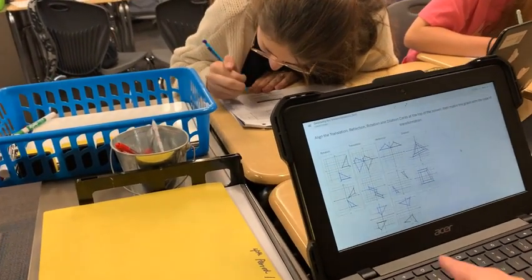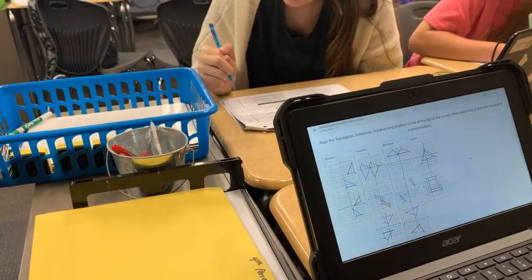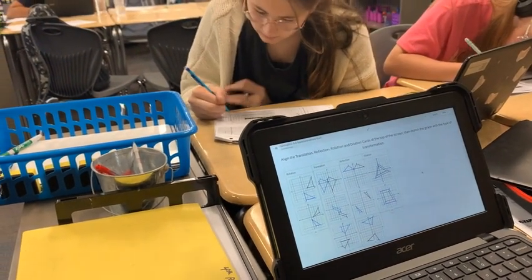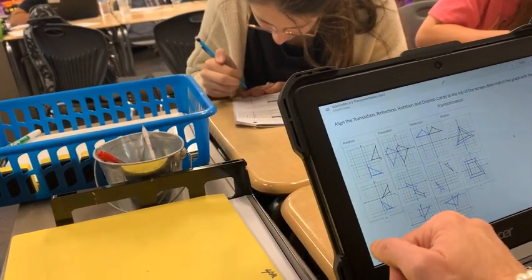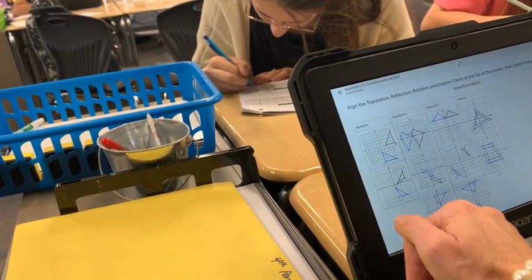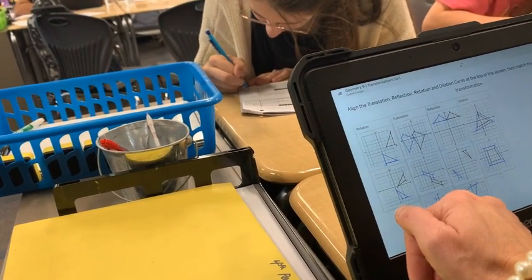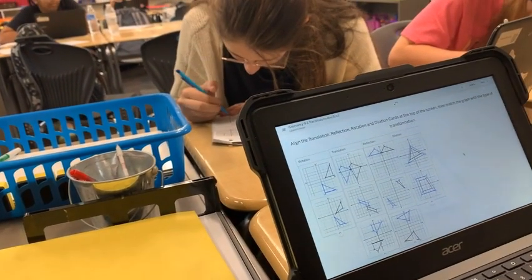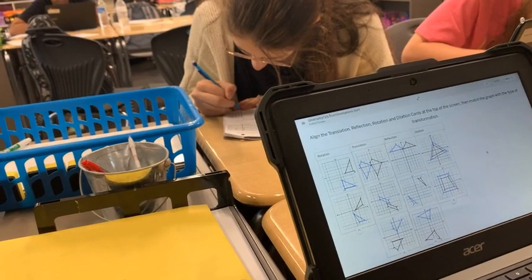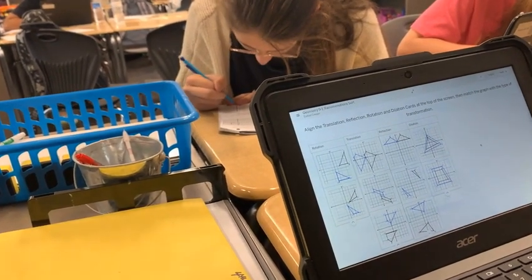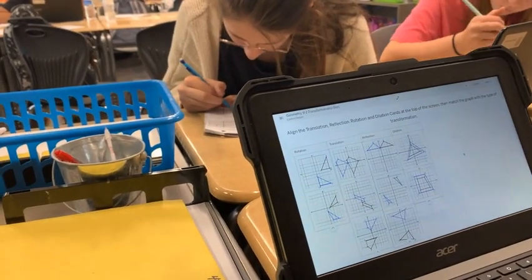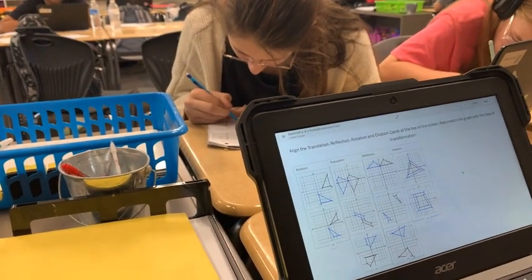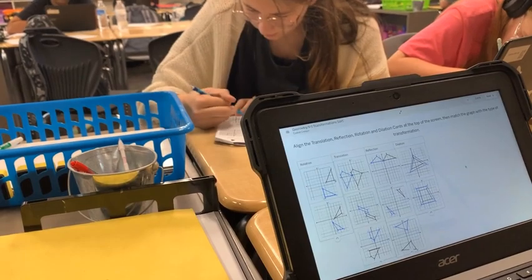What about this one? I'm just checking the numbers to make sure there's not a rotation instead. I think it's not. 1, 2, 3, 4, 1, 2. Look at the prime notation, so that's right. What about this one right there?